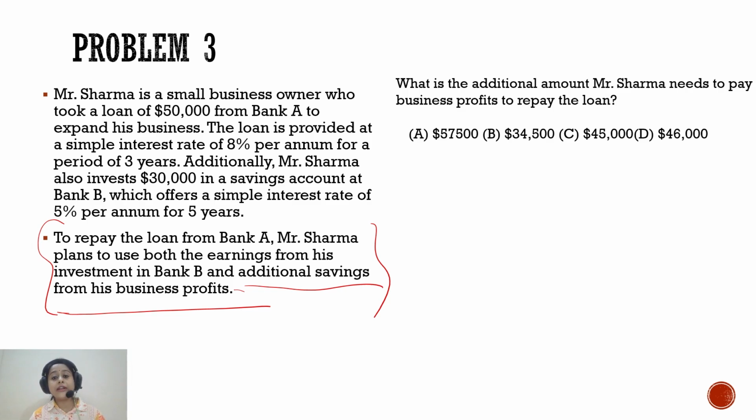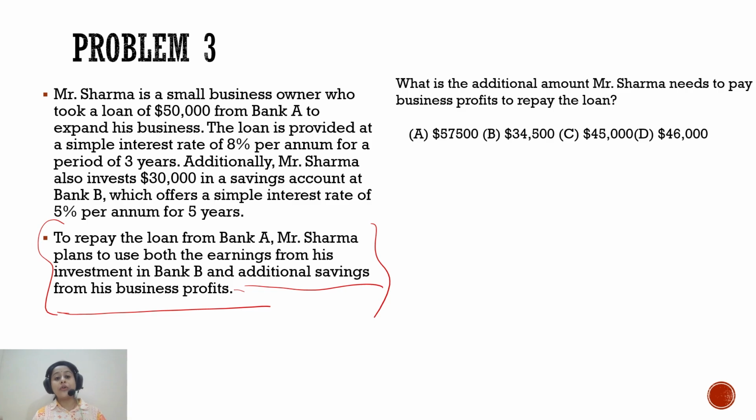Now how will we find out? Obviously we need to know what his earning is, because he has to pay back bank A in 3 years. So first we have to find out his earnings from his ongoing investment with bank B in 3 years. That first we need to know.